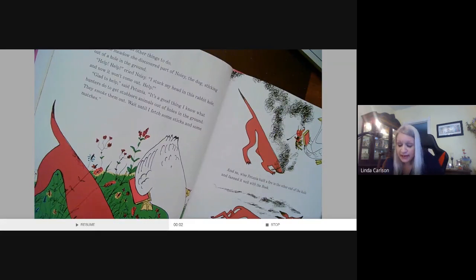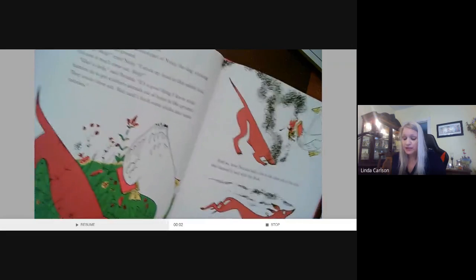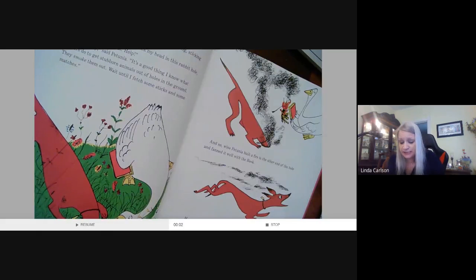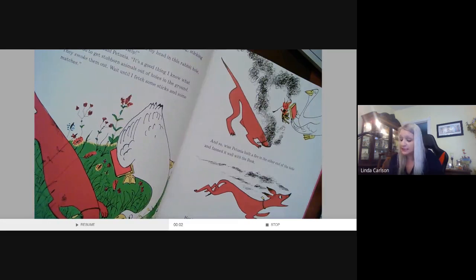But Petunia had other things to do. In the meadow, she discovered part of Noisy, the dog, sticking out of a hole in the ground. "Help, help," cried Noisy. "I stuck my head in this rabbit hole and now it won't come out. Help." "Glad to help," said Petunia. "It's a good thing I know what hunters do to get stubborn animals out of holes in the ground. They smoke them out.